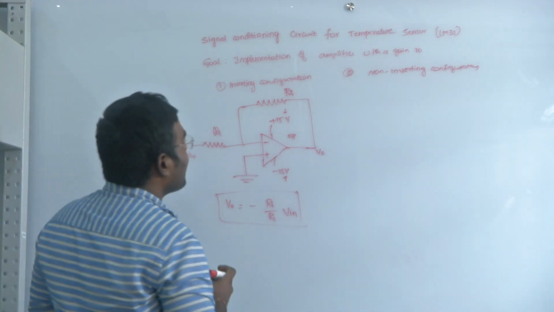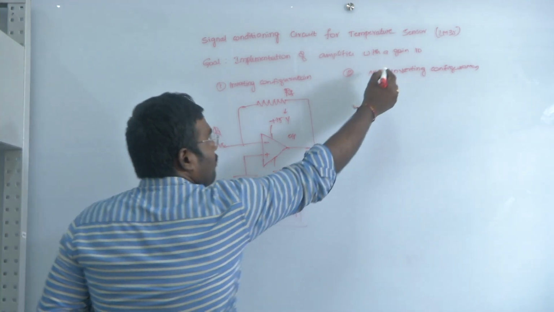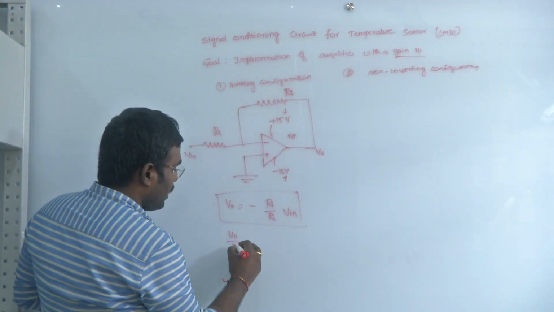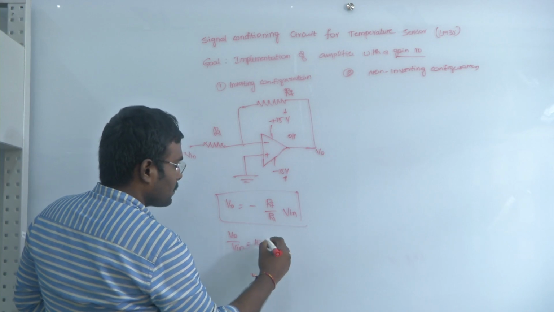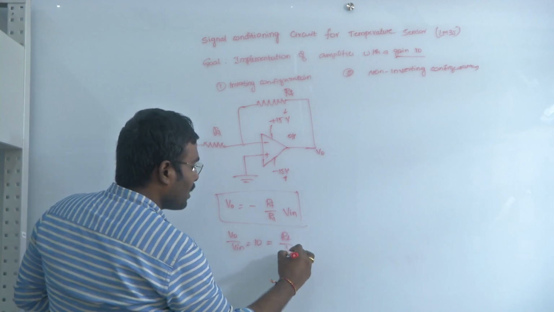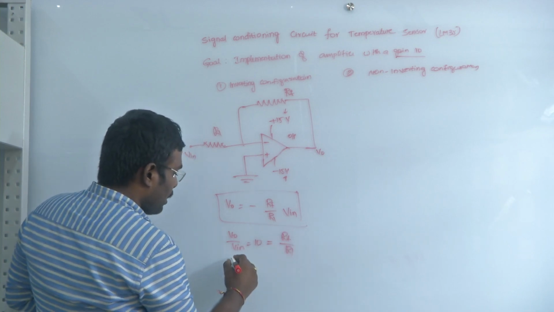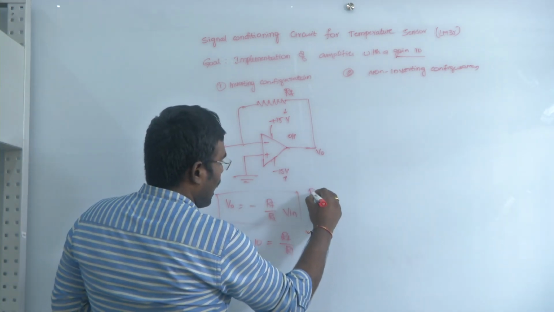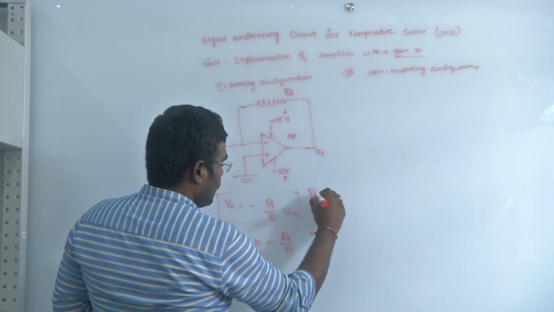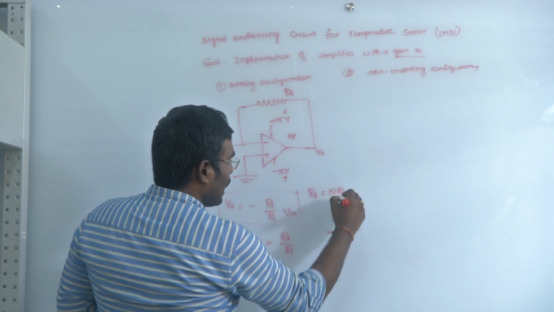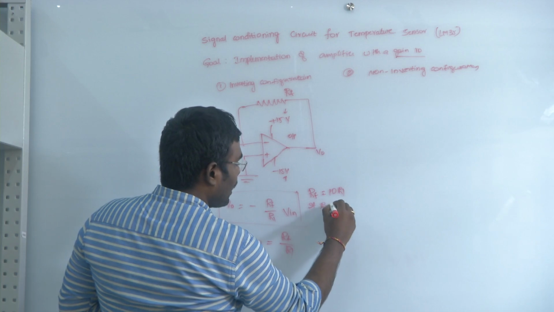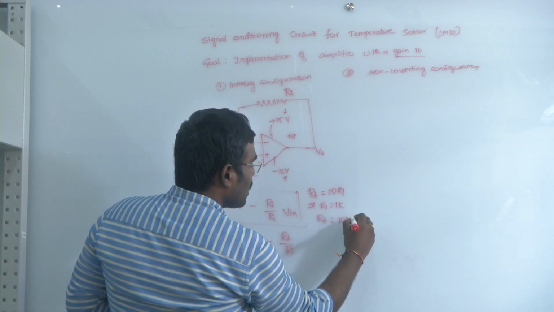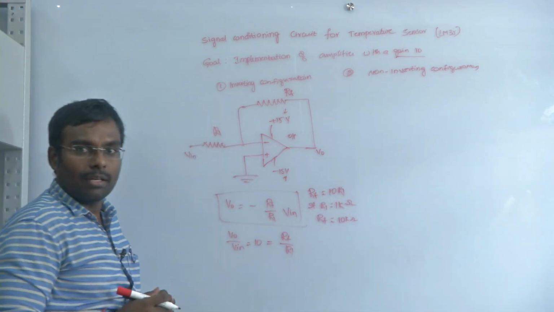Since in our case we require a gain of 10, V0 by Vin should be 10, which means RF by R1 should be 10. So RF is equal to 10 R1. If R1 is 1 kilo ohm and I consider RF as 10 kilo ohms, my problem is solved, I will get a gain of 10.